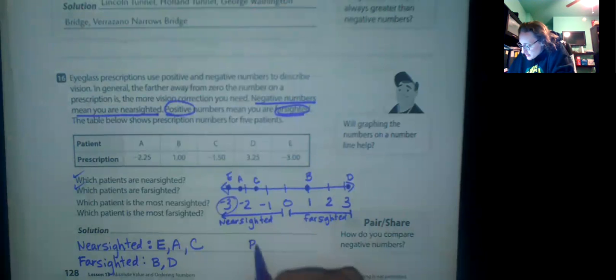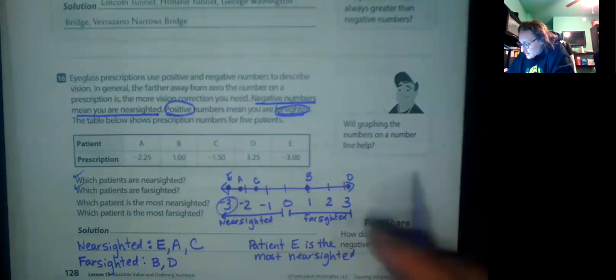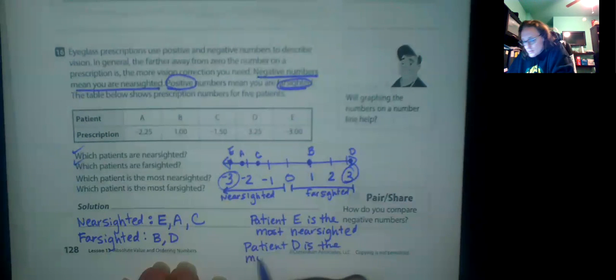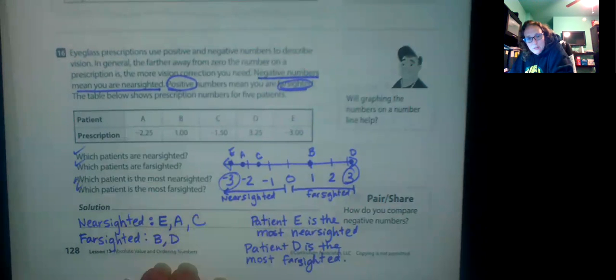So patient E is the most nearsighted. And then the farthest to the right, patient D is the most farsighted. Okay, so we've answered all 4 questions.